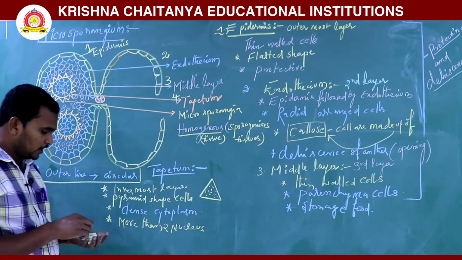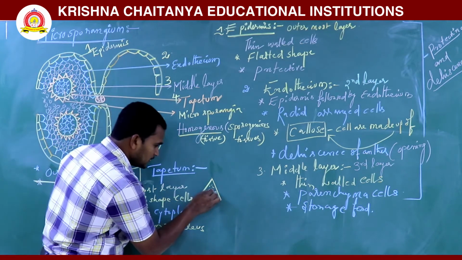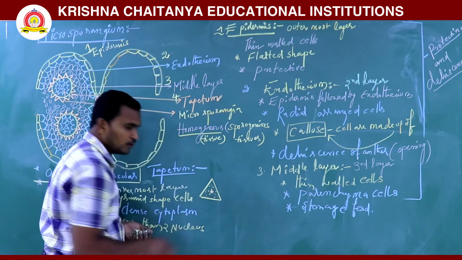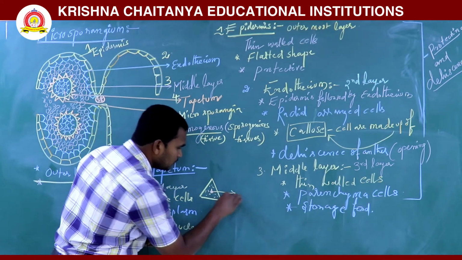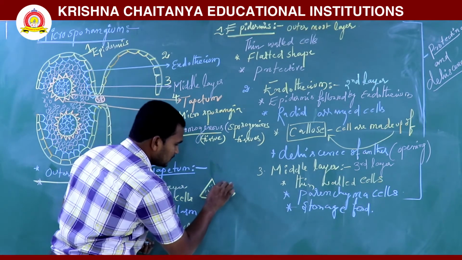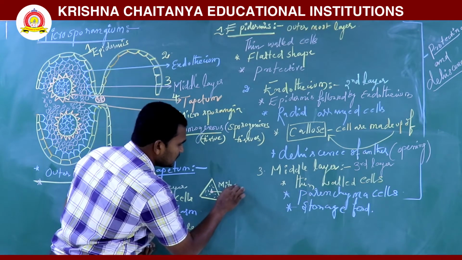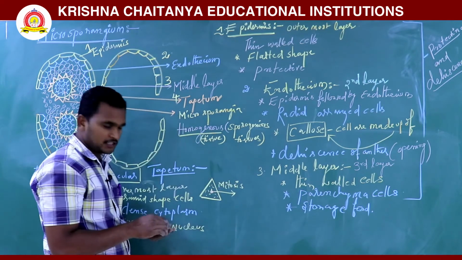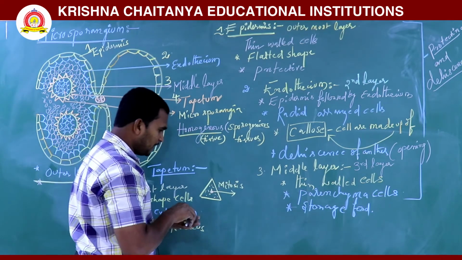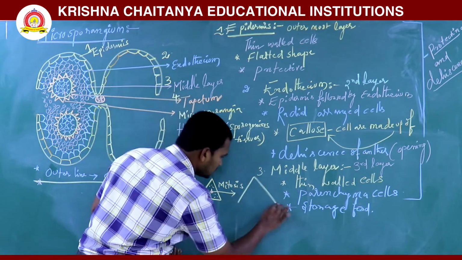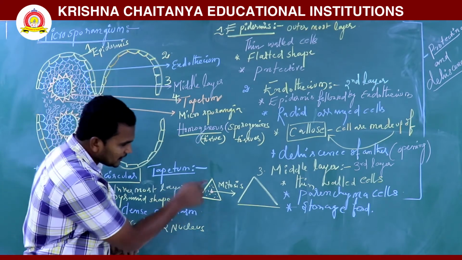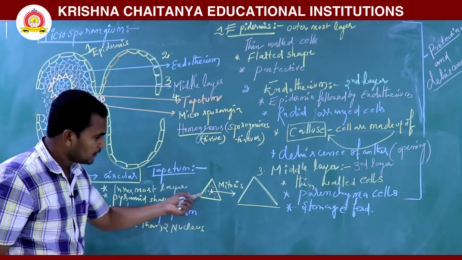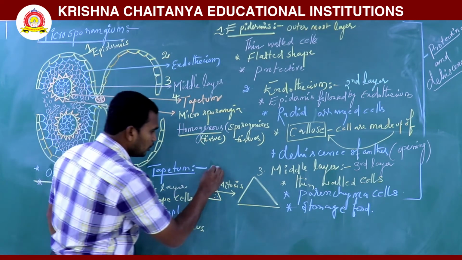Why more than two nuclei? The nucleus divides by mitosis, but the cell does not divide.